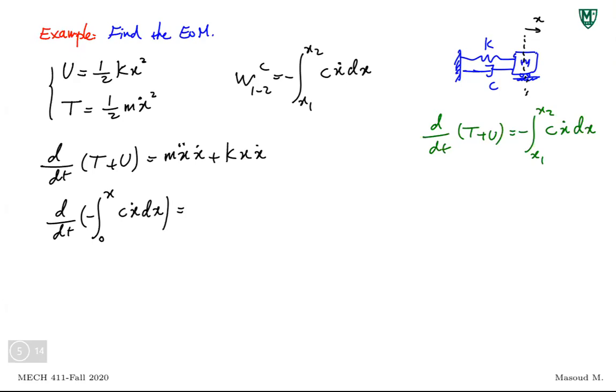Now I have to take the derivative with respect to time of an integral taken over x. This is dt, but the integral is over x, along the path. That's the main reason, because the non-conservative force depends on the path that it takes.